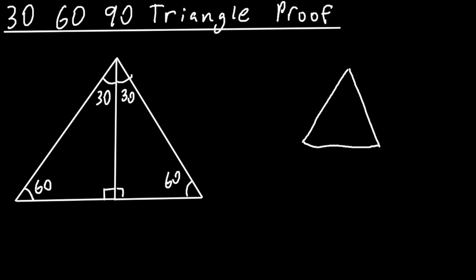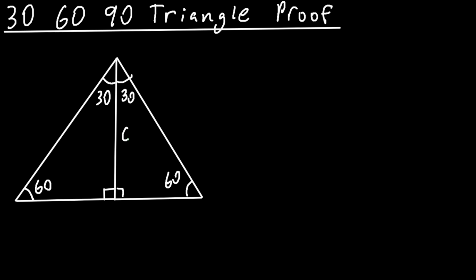Now we can start figuring out where the shortcut actually comes from. First, I'm going to look at this side length and call it C. It doesn't really matter what you choose, but for the sake of this video I'm going to use C.